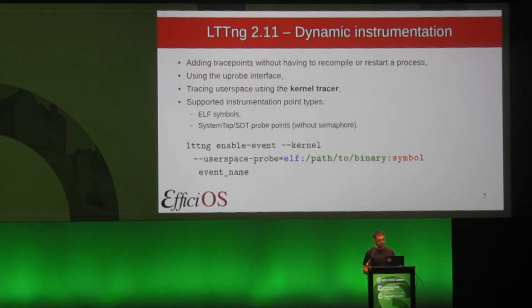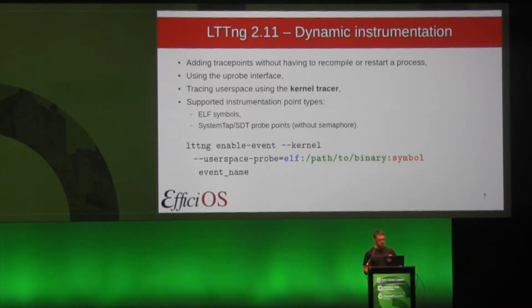Currently we support two instrumentation point types: working on ELF symbols, so function entry, and working on SystemTap SDT probe points, but only the ones without semaphores, because that would require more work at the user space level. The good news is that ELF symbols are already available everywhere, and SystemTap SDT probe points are already available in many open source projects out there.